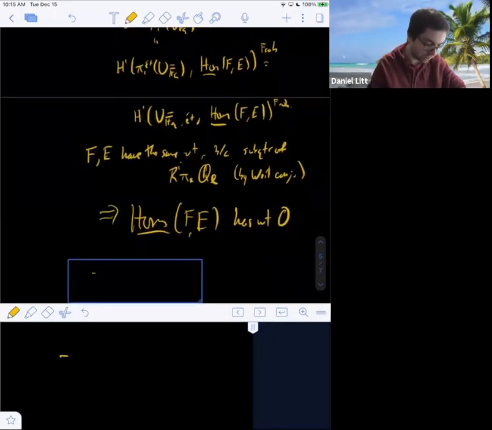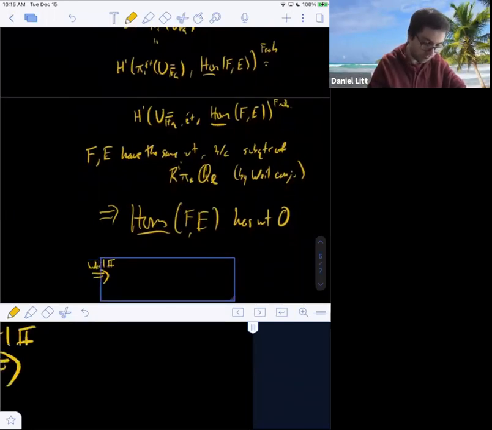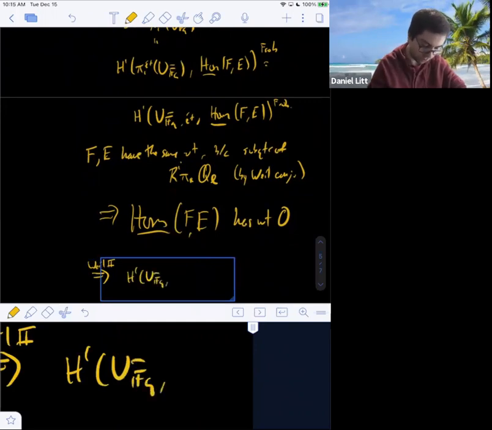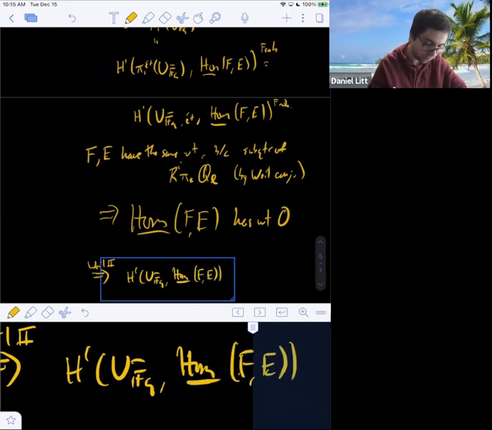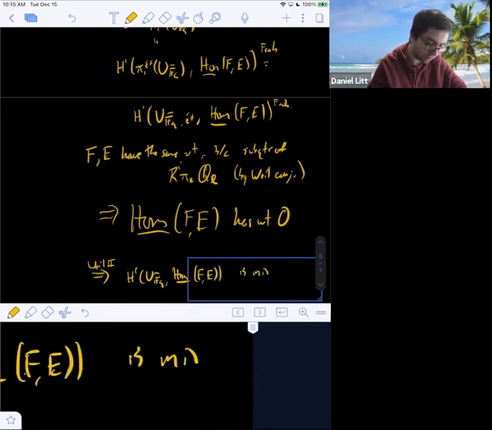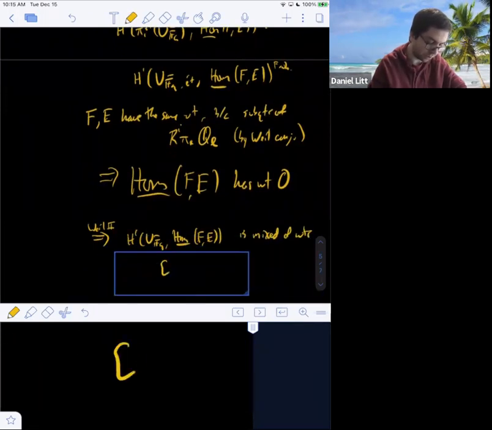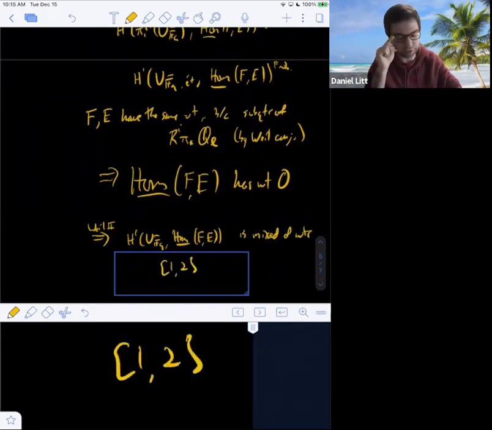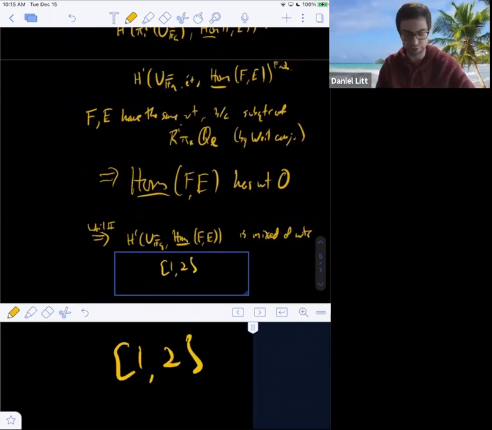So this implies by Weil II that H1 of U F_q bar with coefficients in Hom FE is mixed of weights, well, I'll just say what they are, weights 1, 2. Strictly speaking, all I stated was that the weights are at least 1, which is also all we need. But in fact, it's true that it's mixed of weights 1, 2.